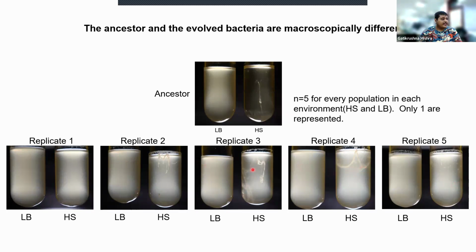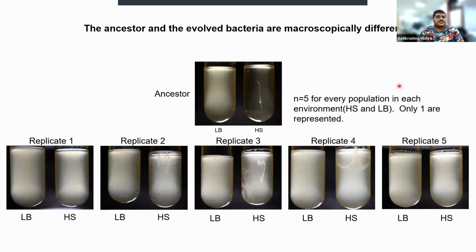But they definitely reduce the number of cells found in this cluster, because look at the optical difference in terms of macroscopy itself. Like the ancestor is so transparent in its liquid medium, but the evolved strain has almost completely utilized the niche of the liquid medium rather than just forming a macroscopic multicellular cluster.